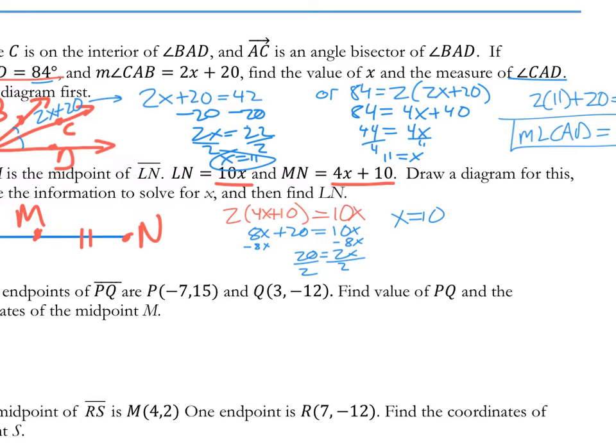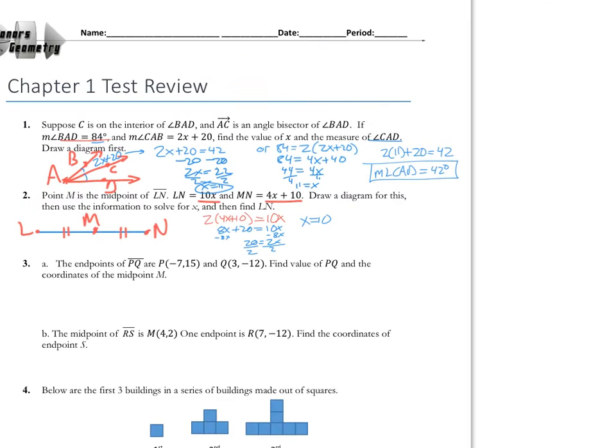By the way, x is not always a whole number, so don't expect it to be, all right? LN is 10x. So we can take what we found there, the 10, and let's plug that in. So LN.